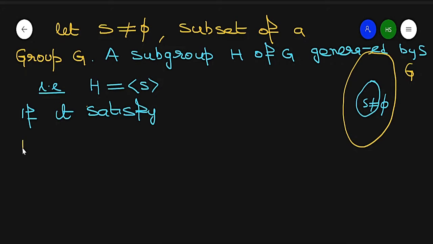Property number 1, S is a part of H, so that is clear. This is from the definition.